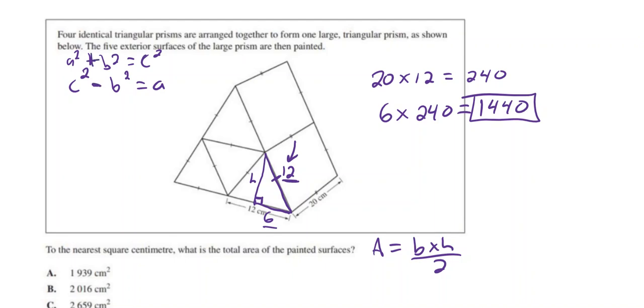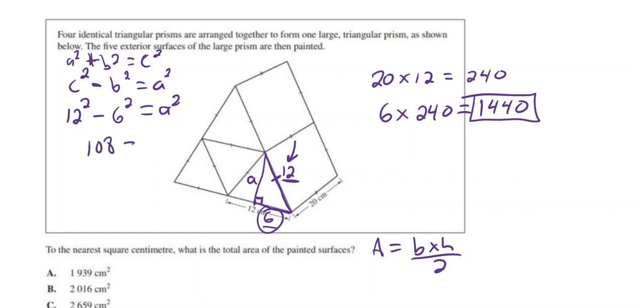All right, so let's fill this in. So we've got c squared is 12 squared minus, and then b I'm going to call 6, right? So that'll be 6 squared is equal to, here, I'll call that a. So we're speaking the same language here. So we'll call that a squared. Okay, so 12 squared minus 6 squared is 108.